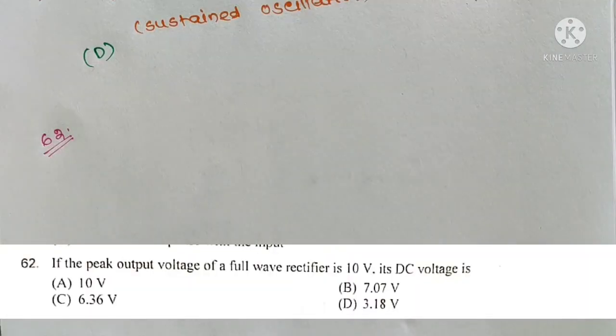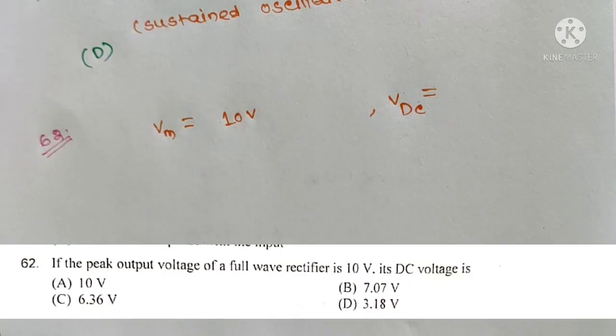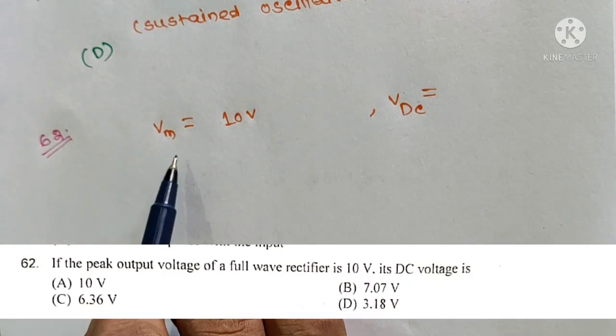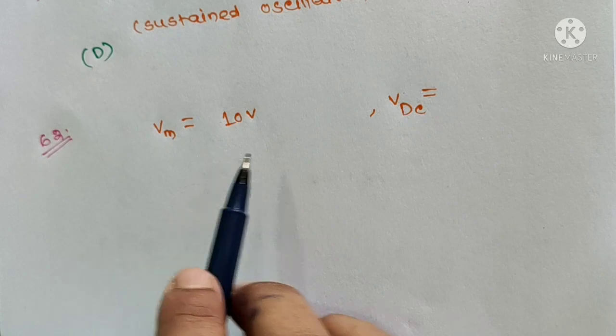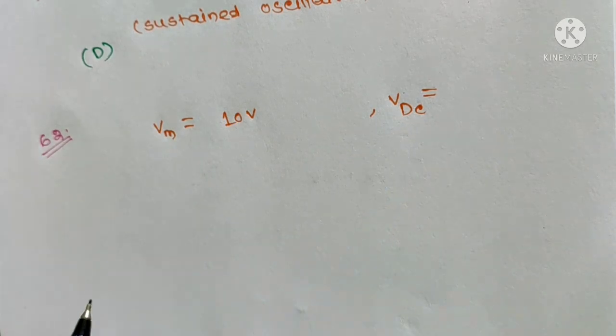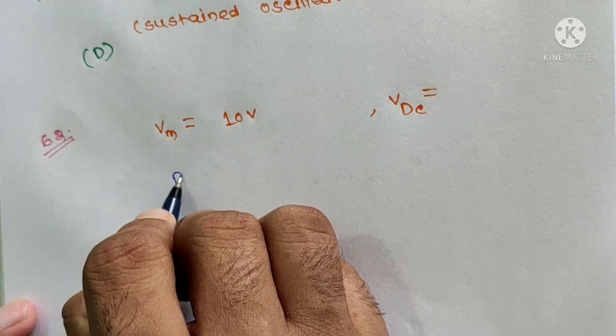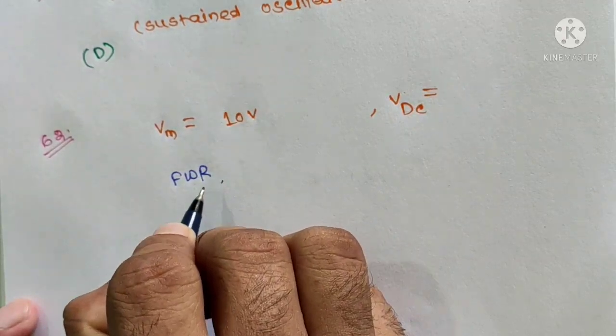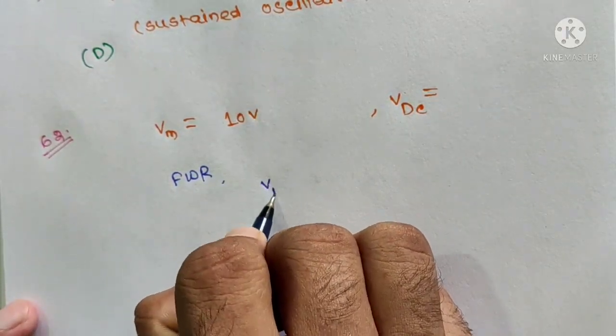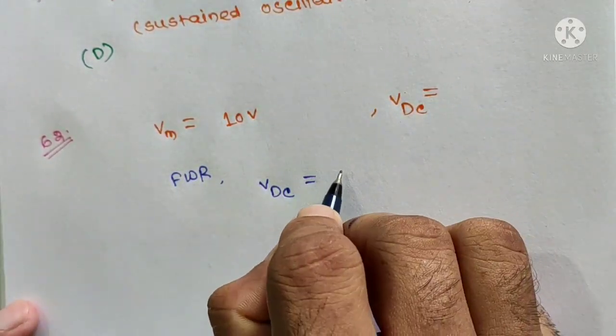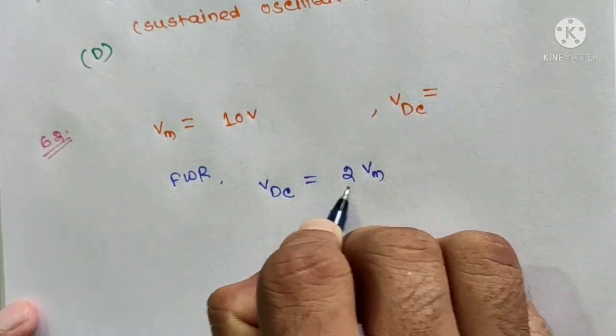Question number 62. If the peak output voltage of a full wave rectifier is 10 volt, its DC voltage is. Peak output voltage of a full wave rectifier is given, and we have to find DC voltage for that full wave rectifier. And we know in a full wave rectifier the DC voltage is given by 2 Vm over pi.